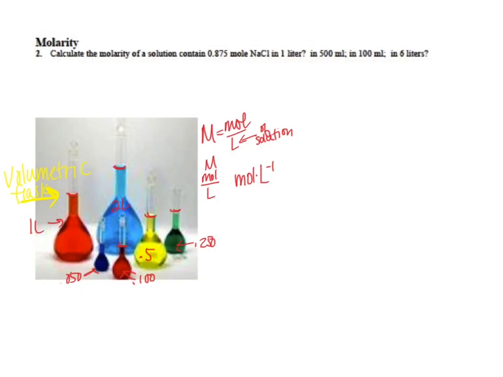Okay, so here it says calculate the molarity of a solution containing 0.875 moles of sodium chloride in 1 liter. It wants it in 500 mLs, 100 mLs, and 6 liters. So we'll just start with the first one. So M is moles per liter.